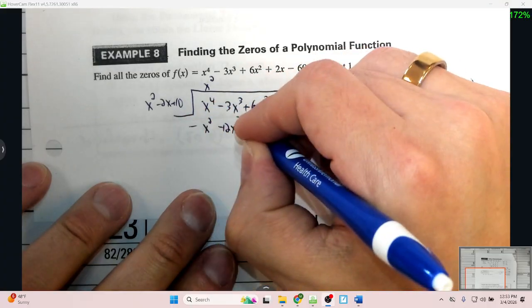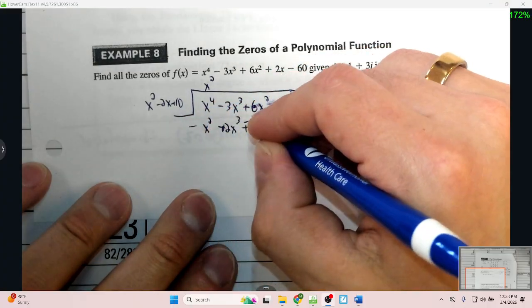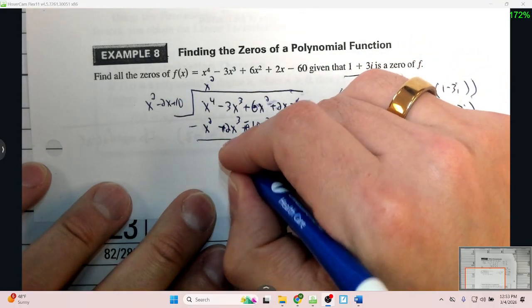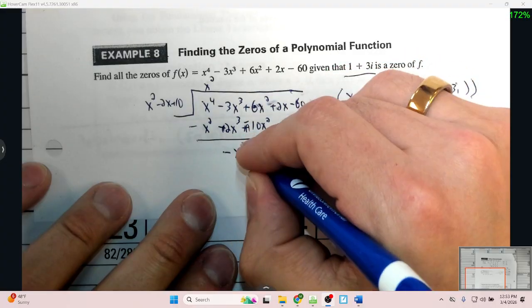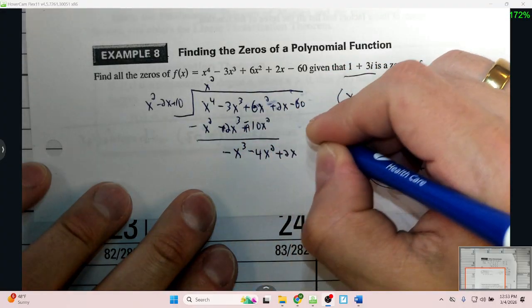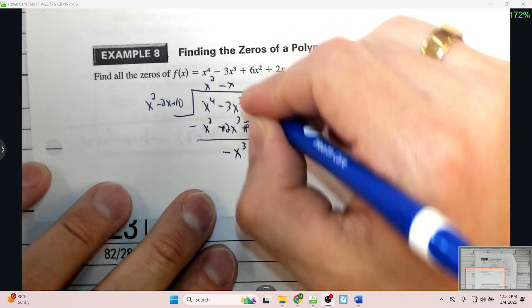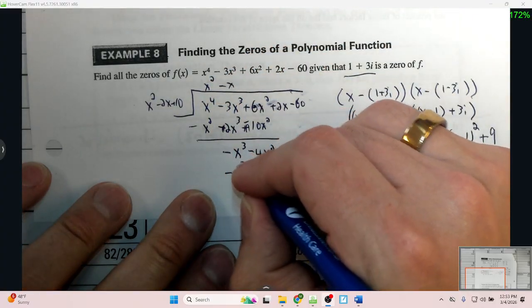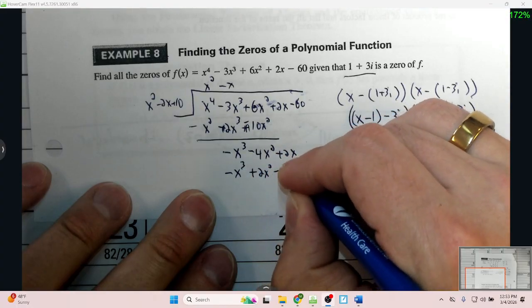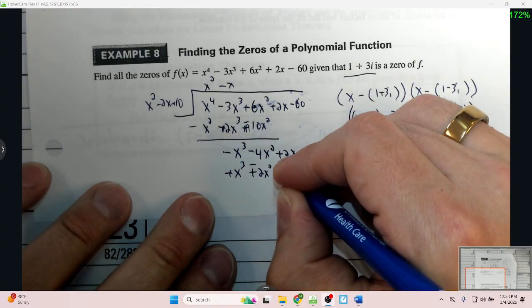We're subtracting. Watch out for this. Winds up with negative x cubed minus 4x squared plus 2x. So I think it's just negative x cubed plus 2x squared minus 10x. We are subtracting.